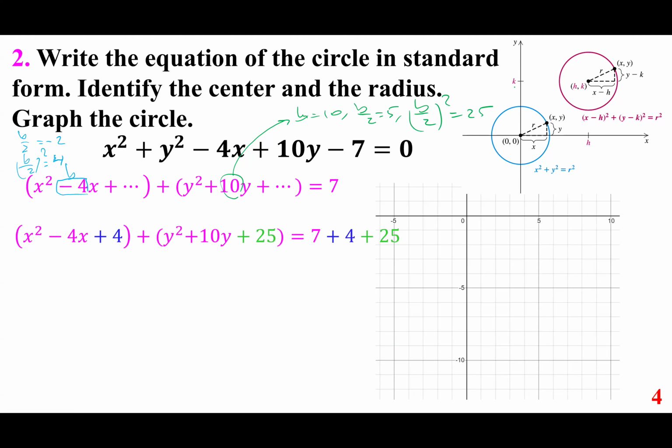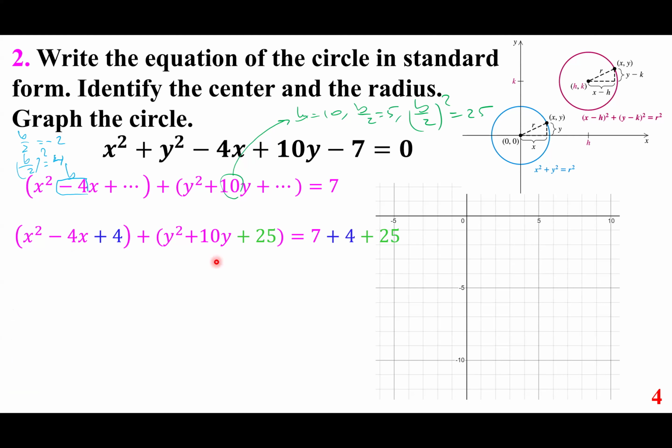We're going to add 25 to both sides. The way it works, class, it's always the variable, which is x in this case, and b over 2, which is -2 here, so x minus 2 squared.